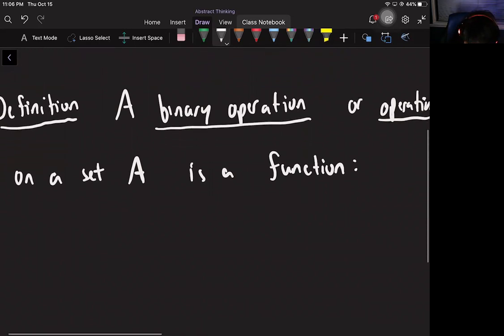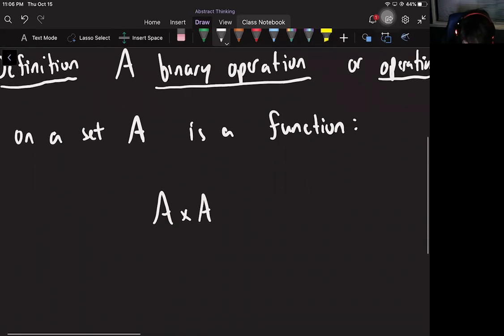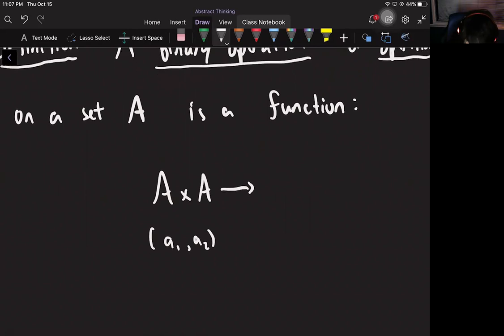And functions have to go from and to something. So the idea is it goes from the product of the two sets, because then as an input of this function, you can plug in two things from that set. So if these were real numbers, then you could plug in two real numbers, and what comes out is one real number. So the function goes from two copies of the set to a single copy.